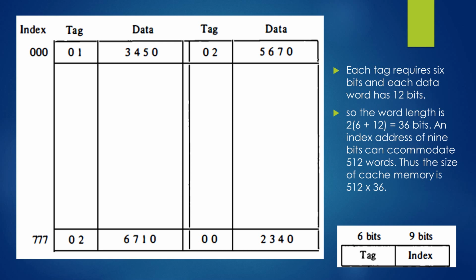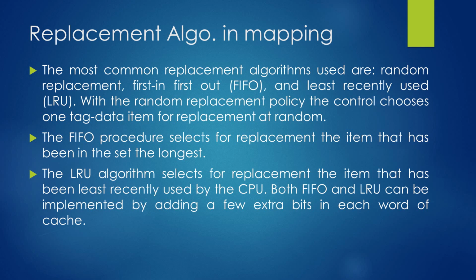Now same as paging, we also have replacement algorithms in mapping, because whenever a particular block is not found in the cache, we have to bring that block from main memory to the cache memory. So if the cache memory doesn't have a particular block free, we have to remove some block to allocate a new block.